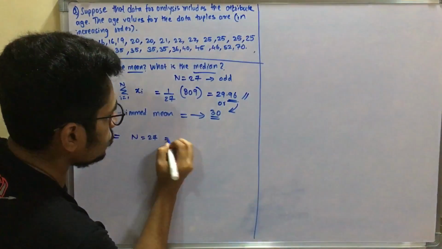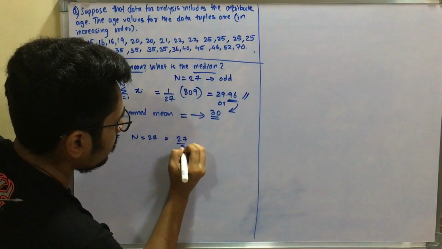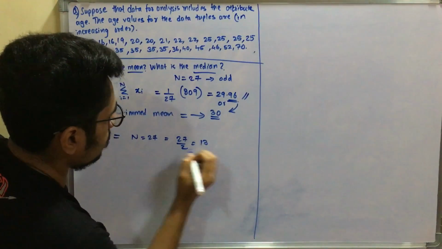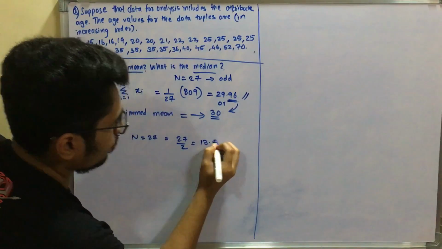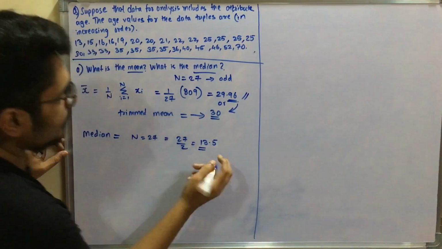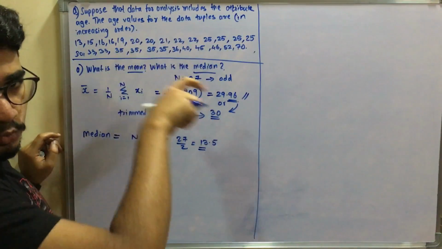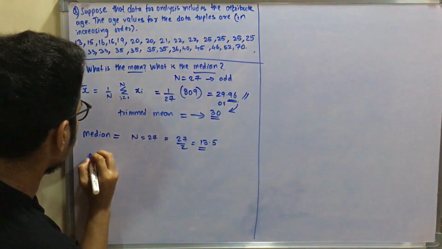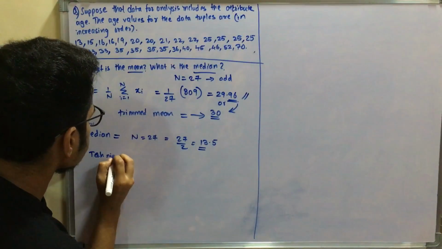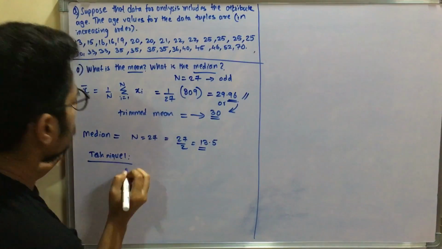I'll show you one approach. You have 27 by 2, which when you divide gives 13.5, so this 13 indicates 13 values to the left and 13 values to the right. This is technique 1, or method 1.